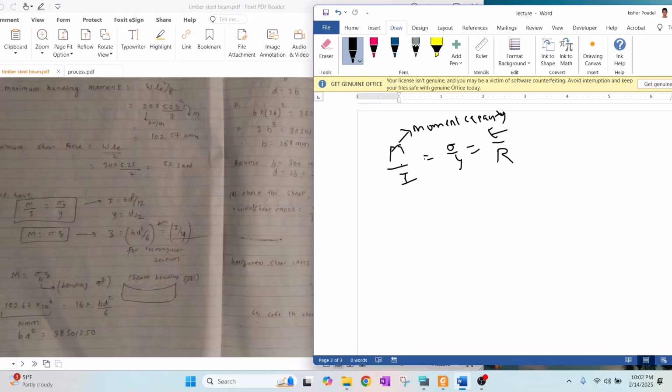But ultimately this M is, if we use the exact size of section to calculate the moment of inertia, we can calculate the moment capacity of that section.